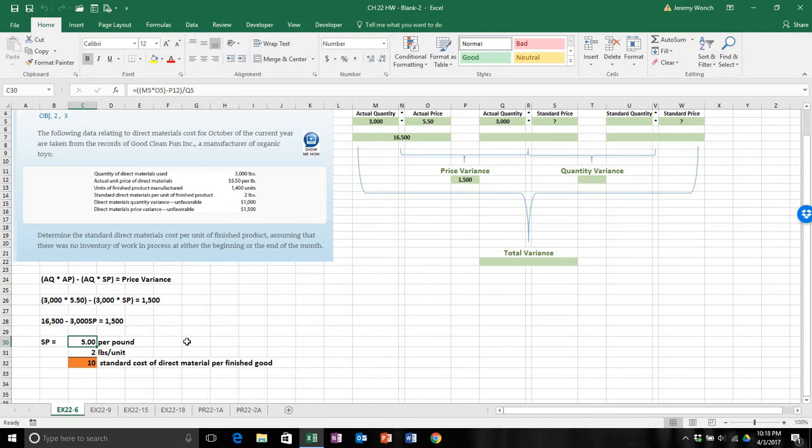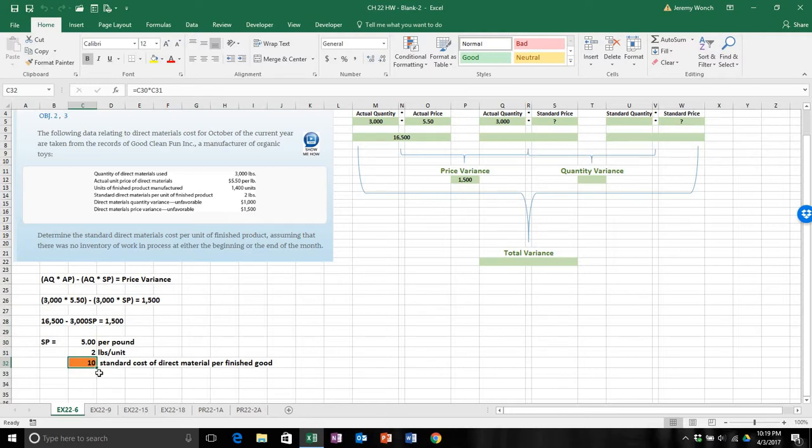Now that's not our answer because it's asking us for the standard direct material cost per unit of finished good. This is per pound of raw material. And it tells us here that we use 2 pounds for every unit of finished good. So if we multiply that times 2, we get the standard direct material cost per unit for finished good.